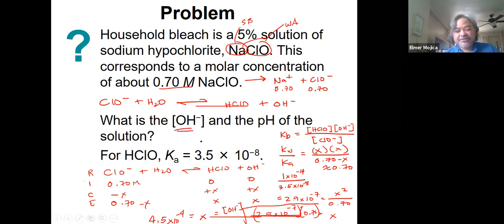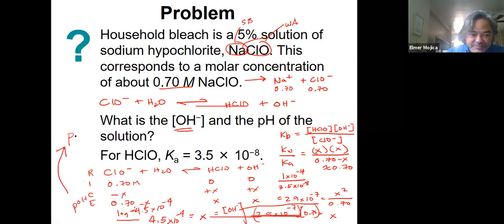Now for the pH, what do you do? Maybe you can take the negative log of 4.5 times 10 to the negative 4 to get the pOH, and then you take the pH.